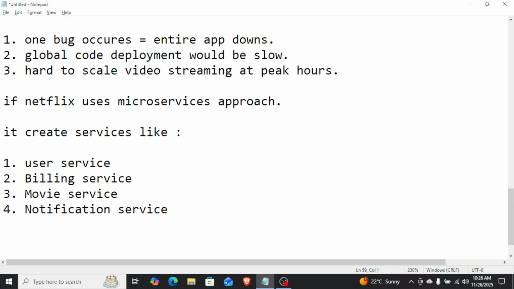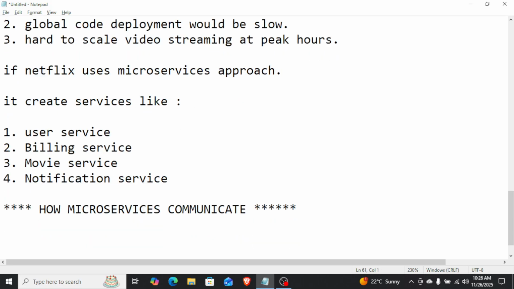Now we will see how microservices communicate. First one is synchronous communication.